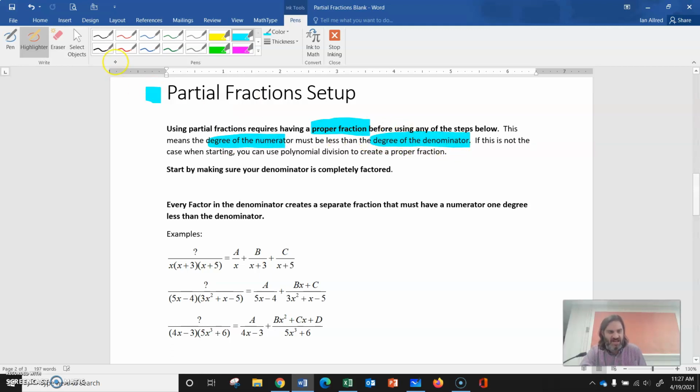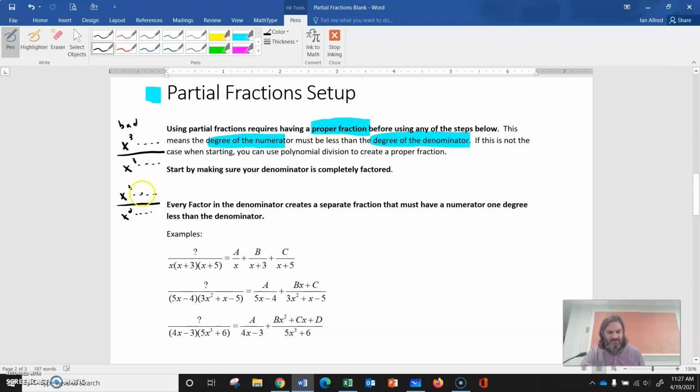So you cannot have something that looks like an x cubed over an x cubed. Bad. You also cannot have an x cubed over an x squared.